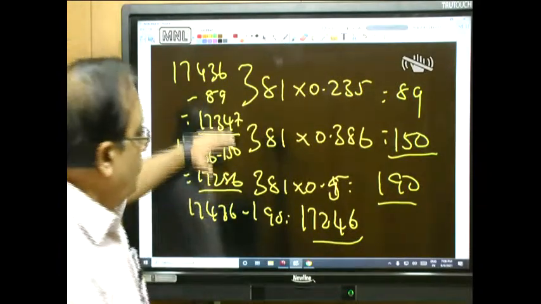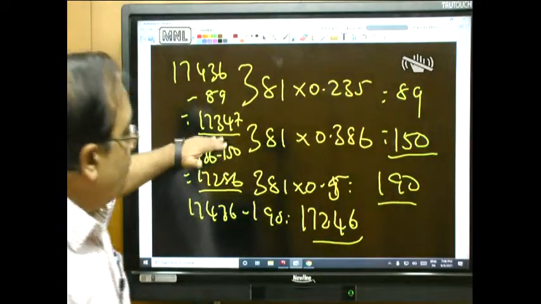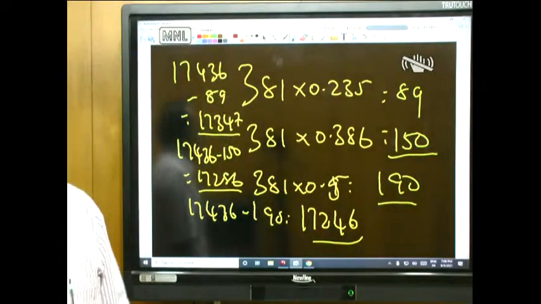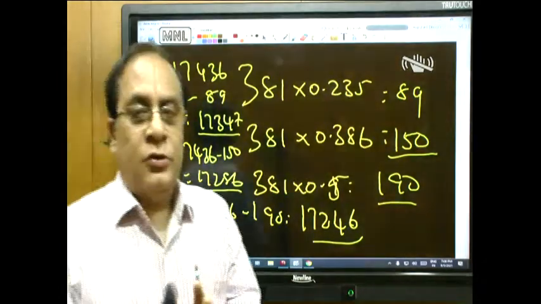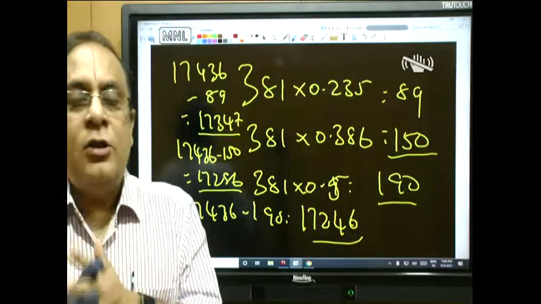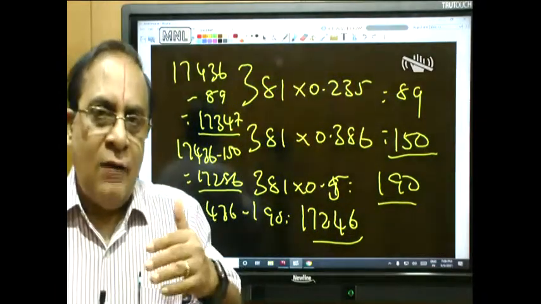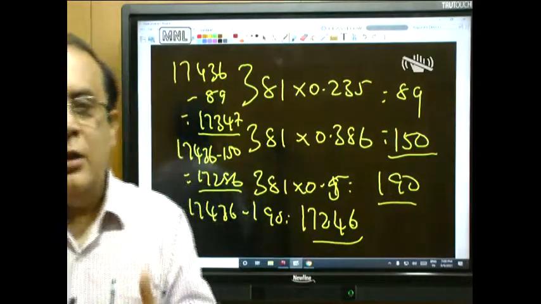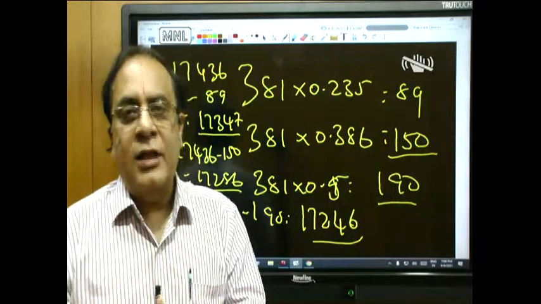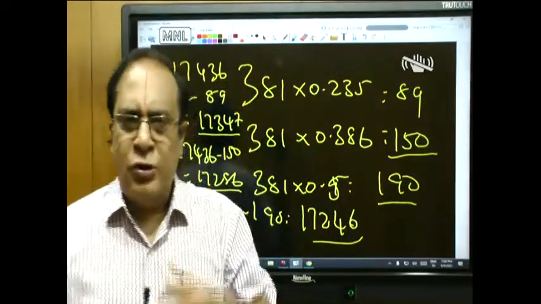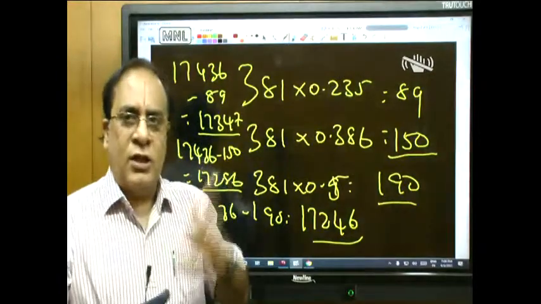Now once it comes down to 17,286, if it again starts breaking above 17,347, then you trade it with 17,286 as a stop loss. So today, after it fell and started to rally, let us say it was 17,277 or so yesterday, and then it went up and closed closer to 17,360 or 370 levels, or 340, 350 levels.